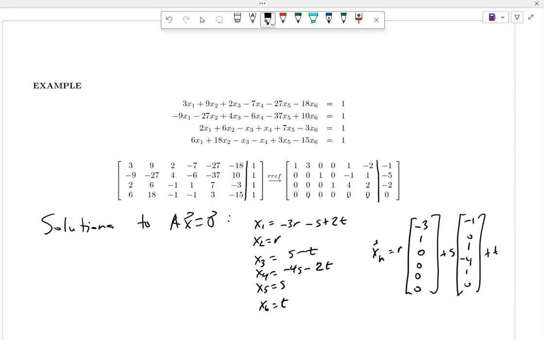And your T would be good. Everybody okay with those? Agree with that? Okay. Now, this would be our general solution to the associated homogeneous system, right?